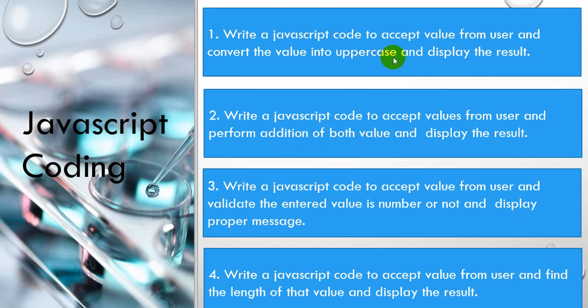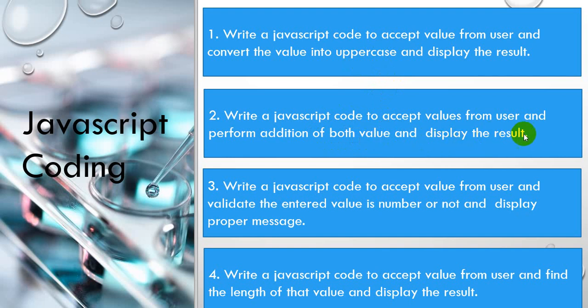In the first question we took only one variable to accept a value and convert it into uppercase and lowercase. Now in this question we have to take two values, because we have to perform addition of both numbers; at least we need two numbers to perform addition, and we have to display the result.